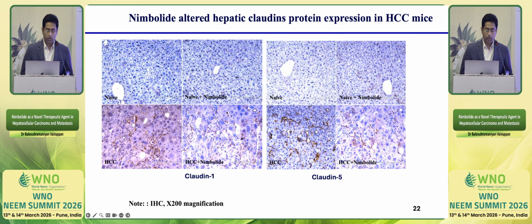We also validated these findings in immunohistochemistry analysis. You can see here there is a positivity of claudin 1 and claudin 5 in HCC mice, and these were reduced with the treatment of nimbolide.